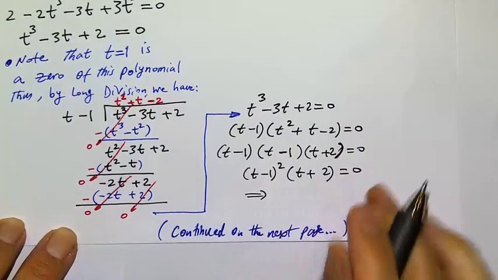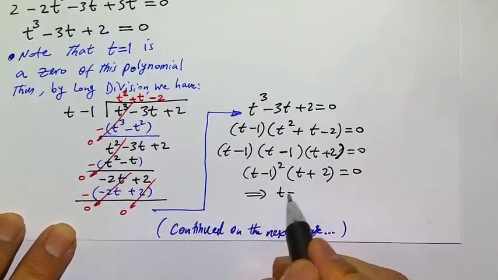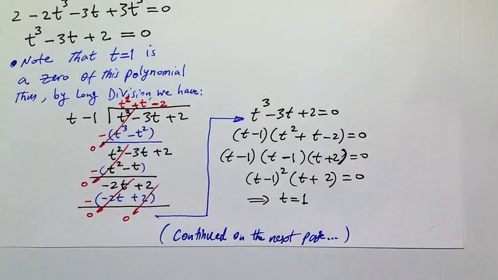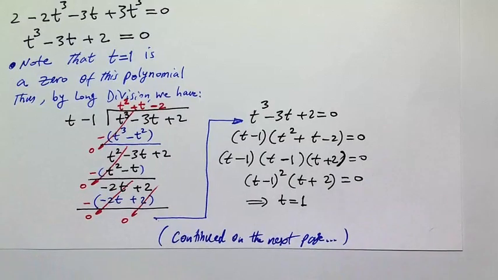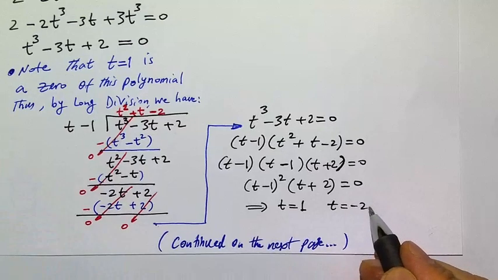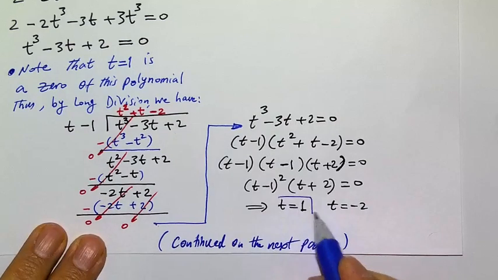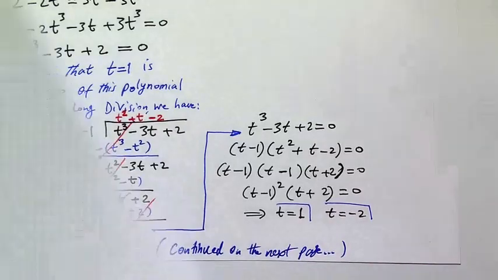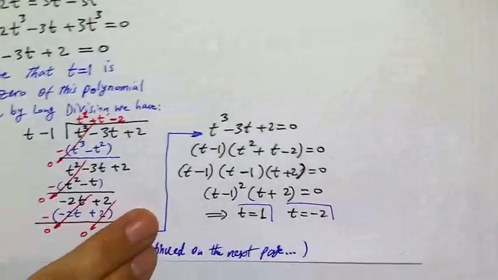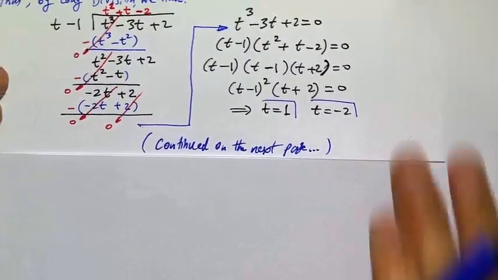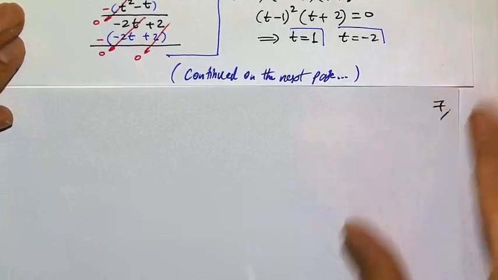So from this we have t equals 1 as one value for t, and then the other one, t equals minus 2. Okay, so these two values. So let me move to the next page.